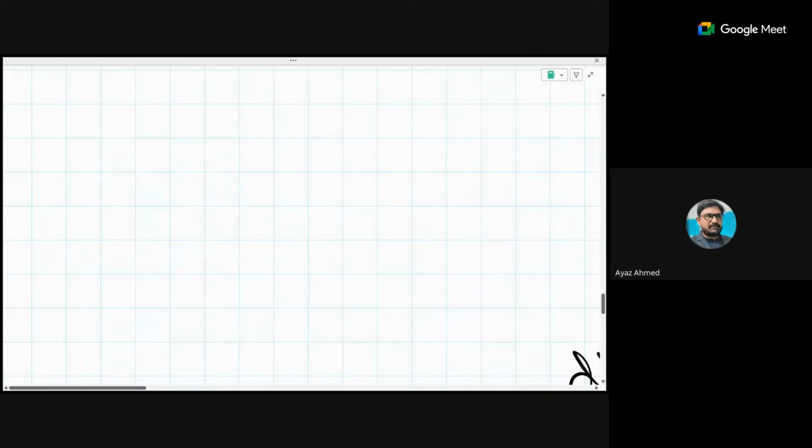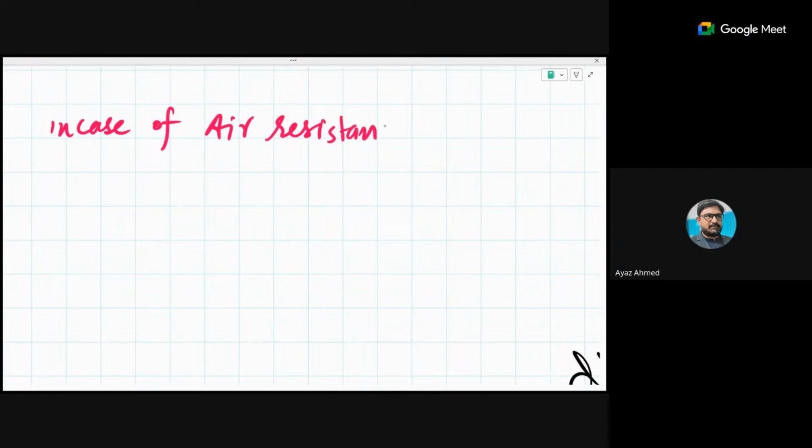In case of air resistance, what will you do? The motion would be just damped along the x-axis, meaning along the x-axis there would be deceleration.